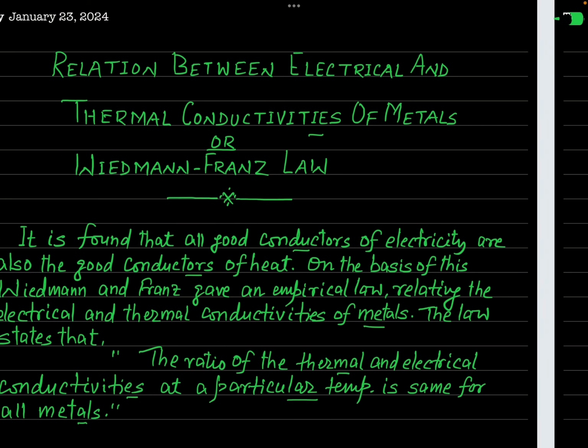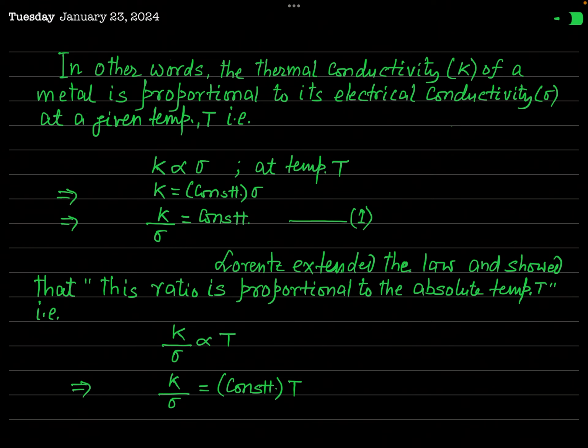In other words, at a constant temperature, the thermal conductivity K of a metal is directly proportional to the electrical conductivity sigma of that metal.